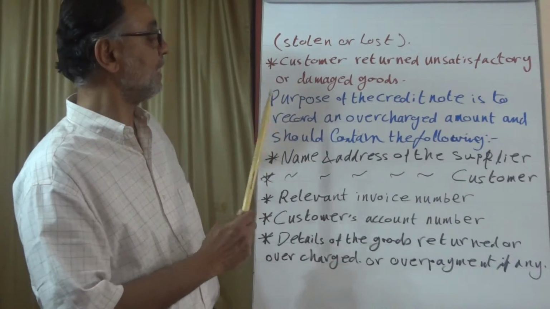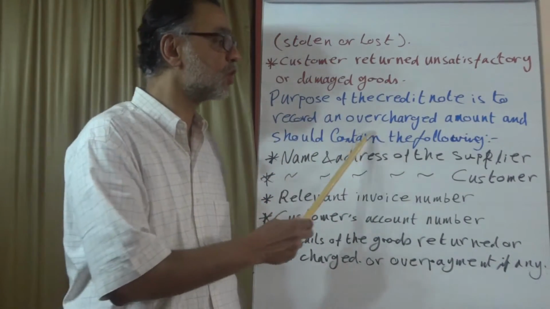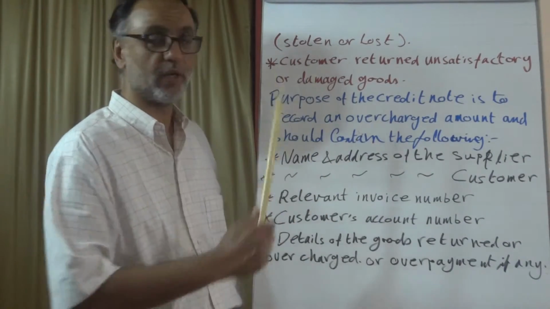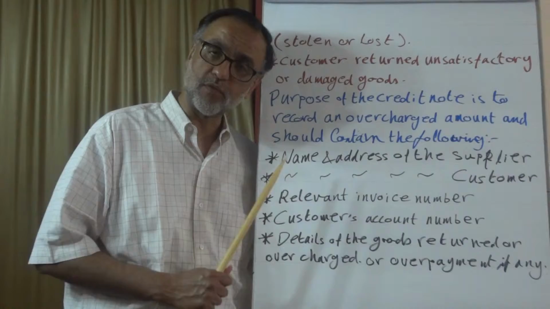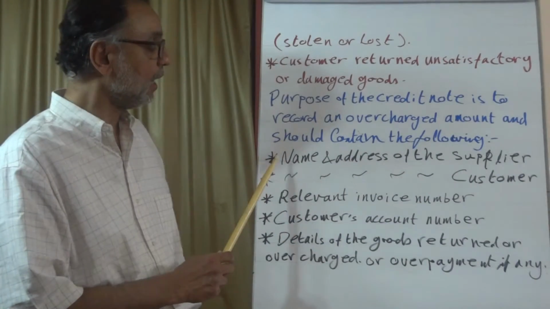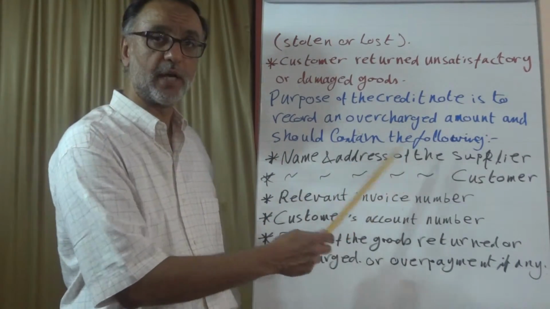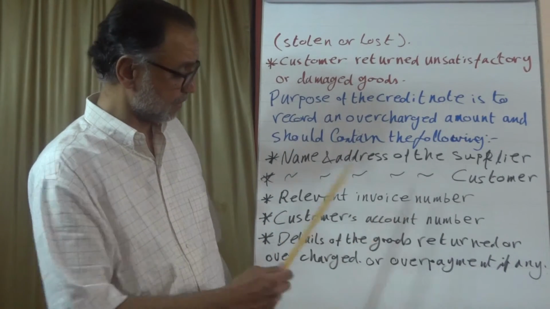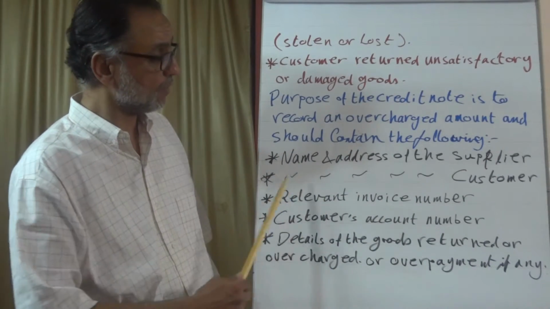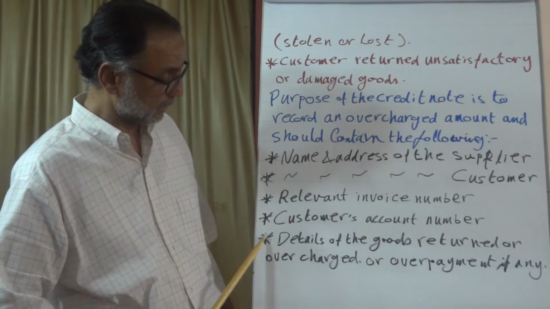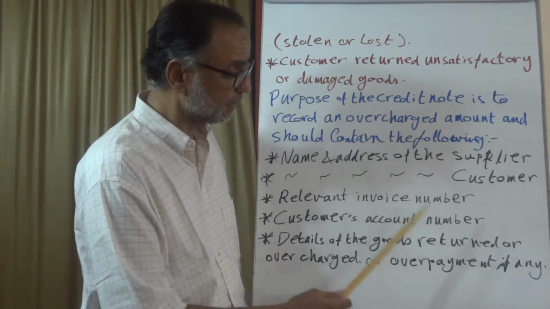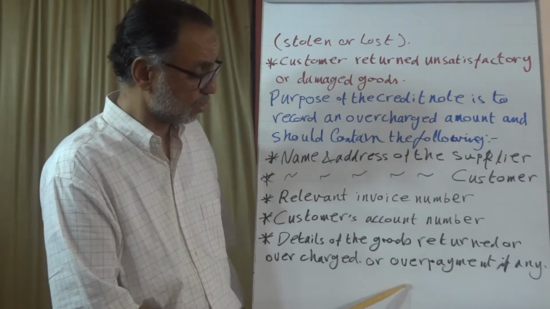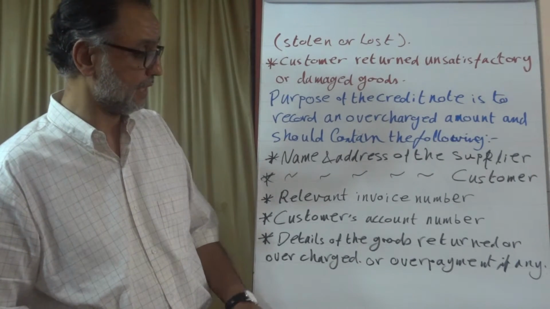Purpose of the credit note is to record an overcharged amount and should contain the following. The credit note should contain the following information: name and address of the supplier, name and address of the customer, customer's account number, relevant invoice number, details of the goods returned or overcharged or overpaid, payment if any.